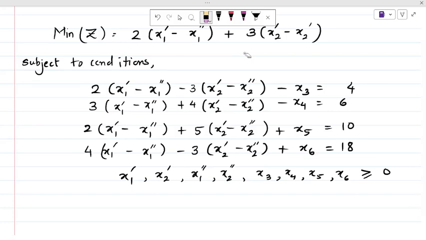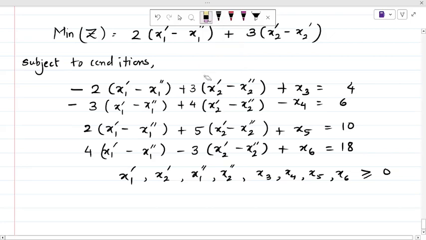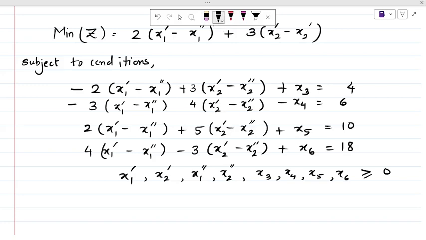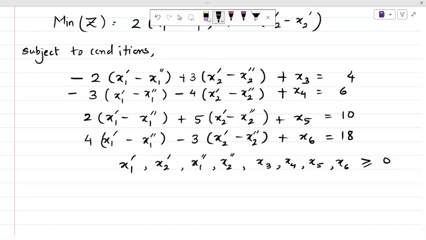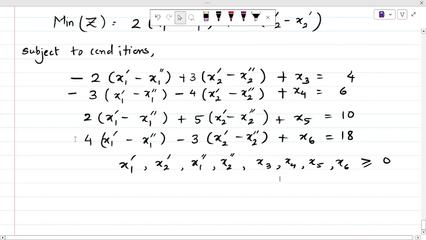Making them positive, here you will get minus of this, and then there will be plus, and then there will be plus, here there will be minus, and here this will change to minus, and here it will be plus. So all this shifting that we will need to do, and now finally we can write all of them with their coefficients here. You can remove these brackets also later on, and then you write each variable with their coefficient.